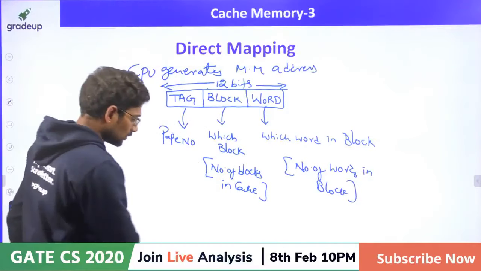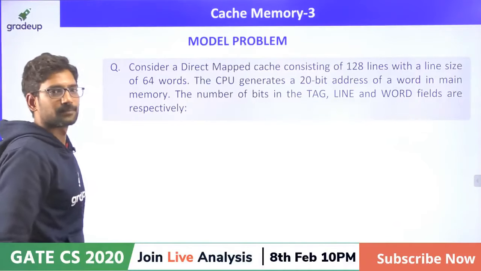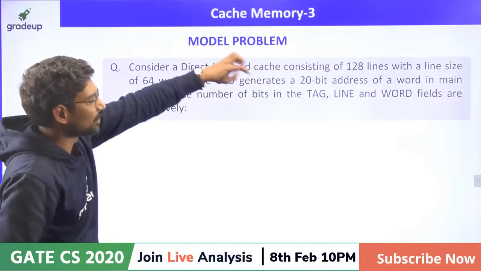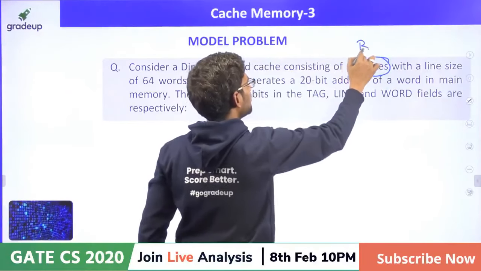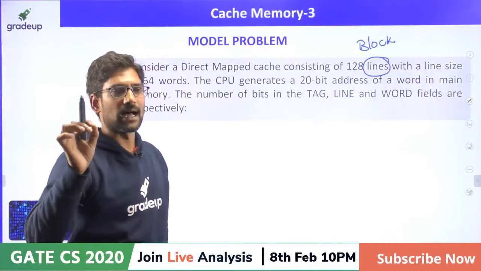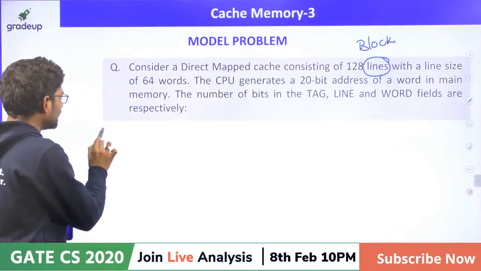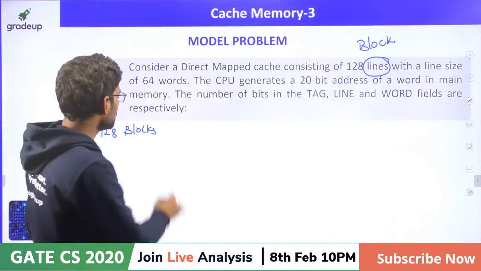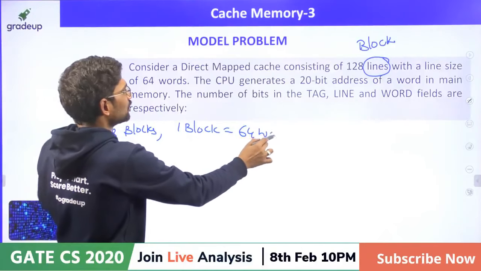Okay. Now let's see a simple question on this. Let's see a model question. There are 128 lines. What does line mean? Line means block. Please make a note. Line is another name for block. So there are 128 blocks in the cache memory, and one block has 64 words.